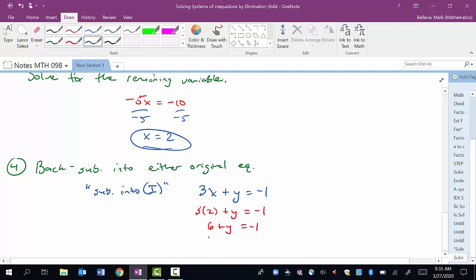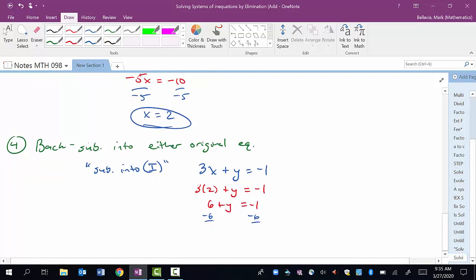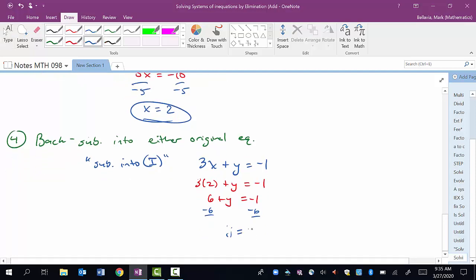And then we're going to subtract 6 from each side. So I end up with y equals negative 7. So my solution here, remember, when you get a solution, you want an ordered pair, x comma y. It's the point where the lines cross, so 2, negative 7.